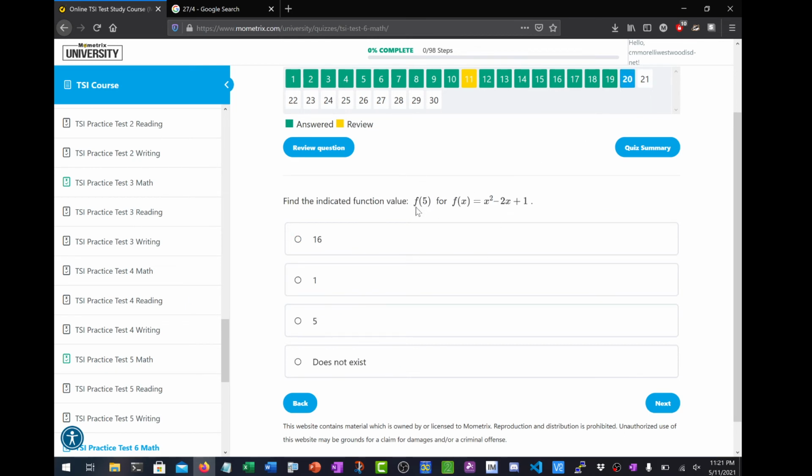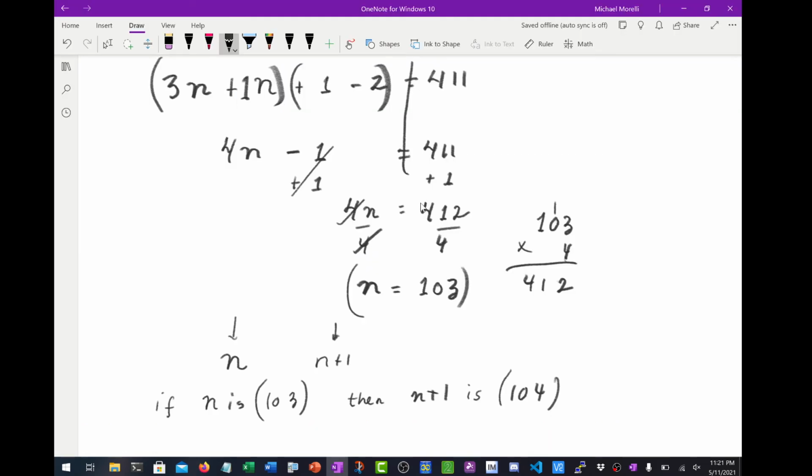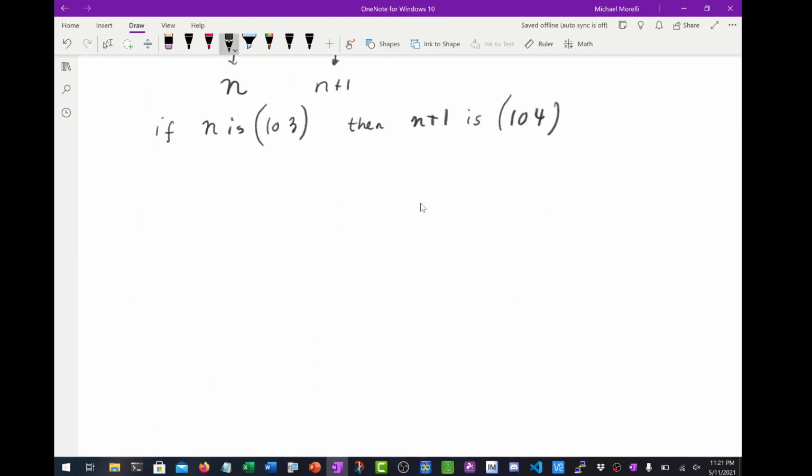Here it wants us to evaluate this function, x squared minus 2x plus 1 at 5. So we're given f of x equals x squared minus 2x plus 1. So we want to evaluate f of 5.